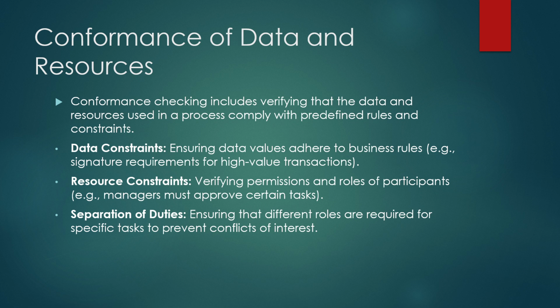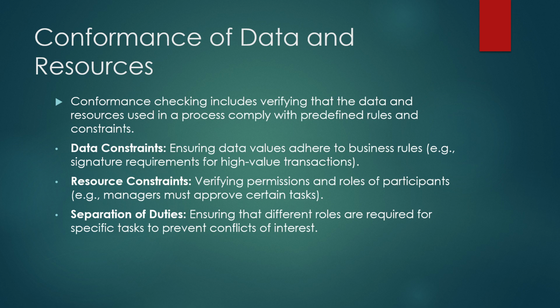Now we move forward to a new topic, conformance of data and resources, which is part of conformance checking. Conformance checking includes verifying data and resources comply with the rules. We can take the example of ensuring that high-value transactions are approved by a manager or verifying role-based controls in the system.